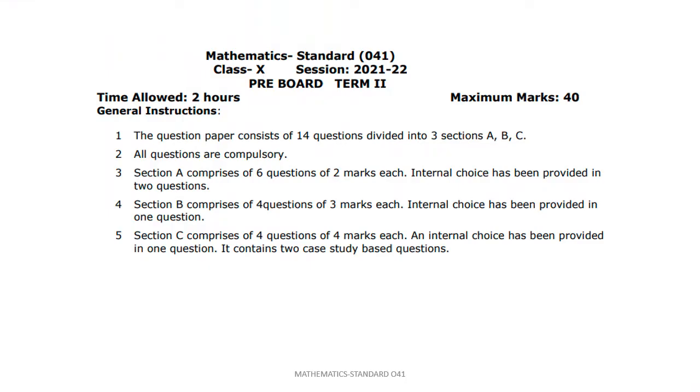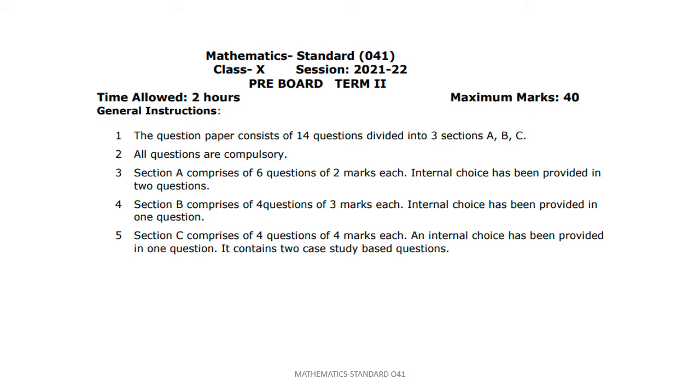You all know the question paper pattern. The question paper consists of 14 questions divided into 3 sections A, B, C. All the questions are compulsory. Section A has 6 questions of 2 marks each. Internal choice has been provided in 2 questions. And in section B, 4 questions of 3 marks each.